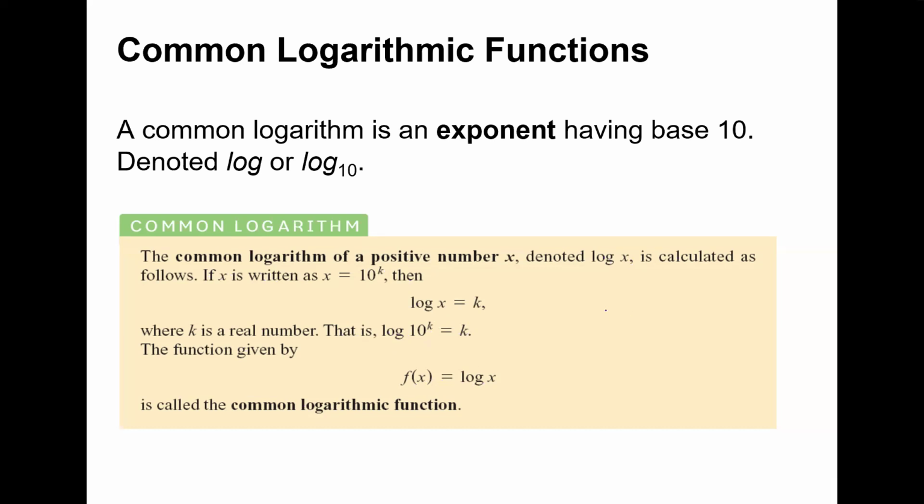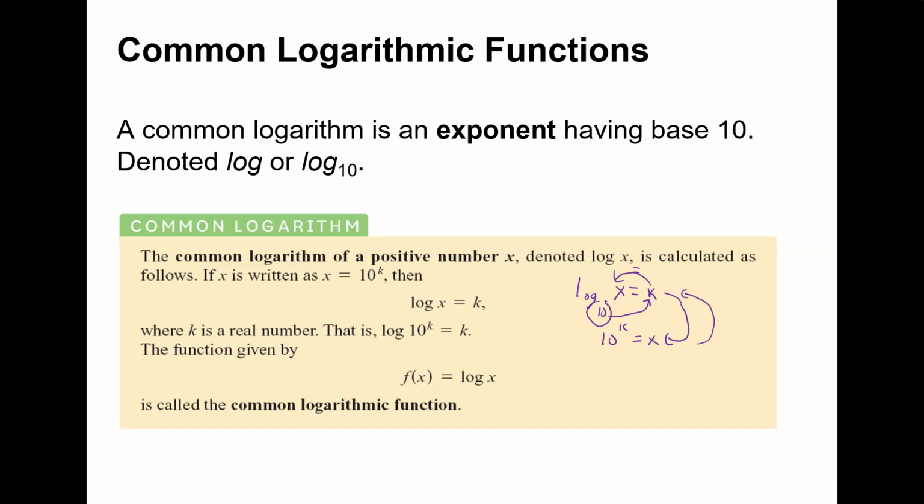So some things to think about here. Really what this is saying is here we have log base 10 of x equals k. And what we're going to do is take the base, raise it to the power of k, and then set it equal to x. So it's going to be 10 to the k equals x. That's how we go from here to here. And then to go from here to here, we can go backwards.